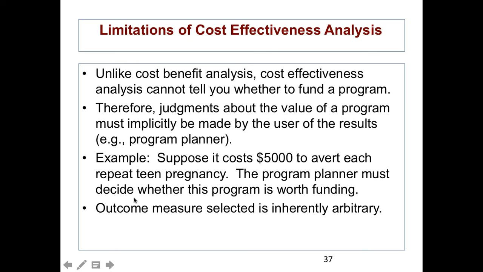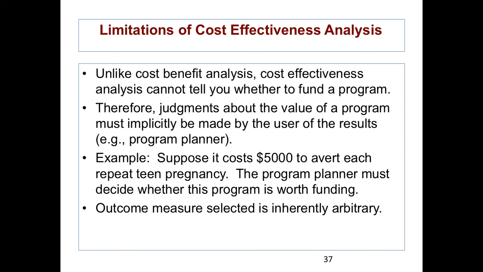That makes it difficult. For example, suppose it costs $5,000 to avert each repeat teen pregnancy. The program planner must decide whether this program is worth funding compared to, for example, a smoking cessation program, which decreases the number of smokers. So the outcome measure selected is inherently arbitrary, and you have to be careful to choose the right outcomes.